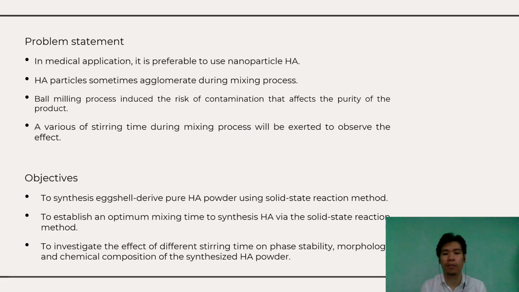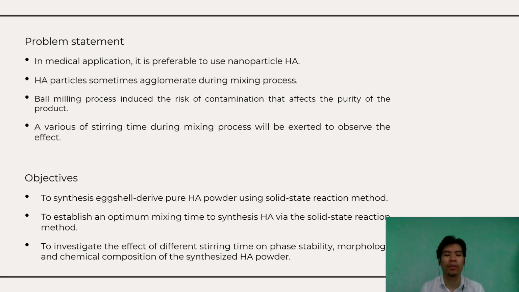In the case of HA purity, the ball milling process can induce the risk of contamination that affects the purity of the product. And in terms of particle size, in this project, various stirring times will be subjected during the mixing process to observe the effect towards the particle size.